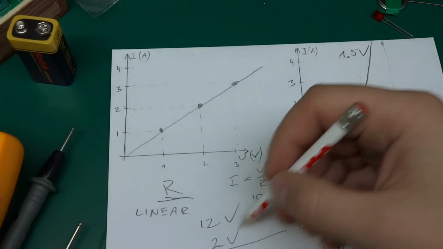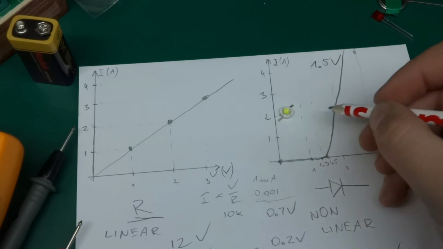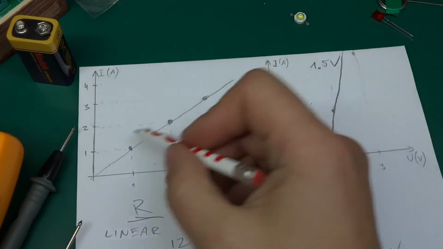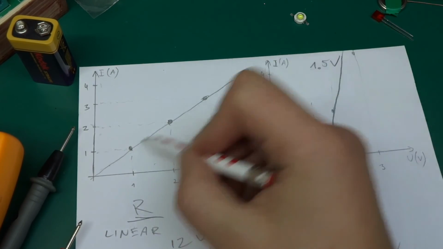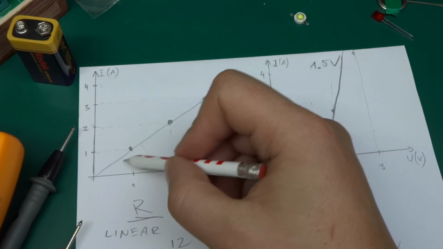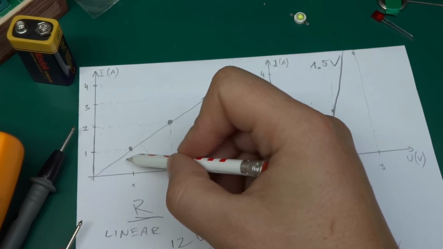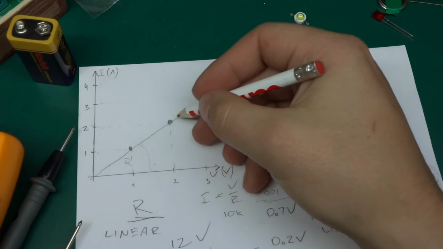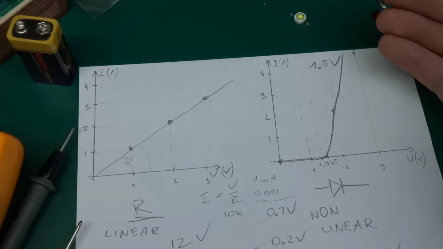And what happens when you combine those two charts together? You have that linear response of a resistor at an angle, and that angle is basically the response. This is actually the resistance over here, and the higher the resistance, the lower that's going to be.